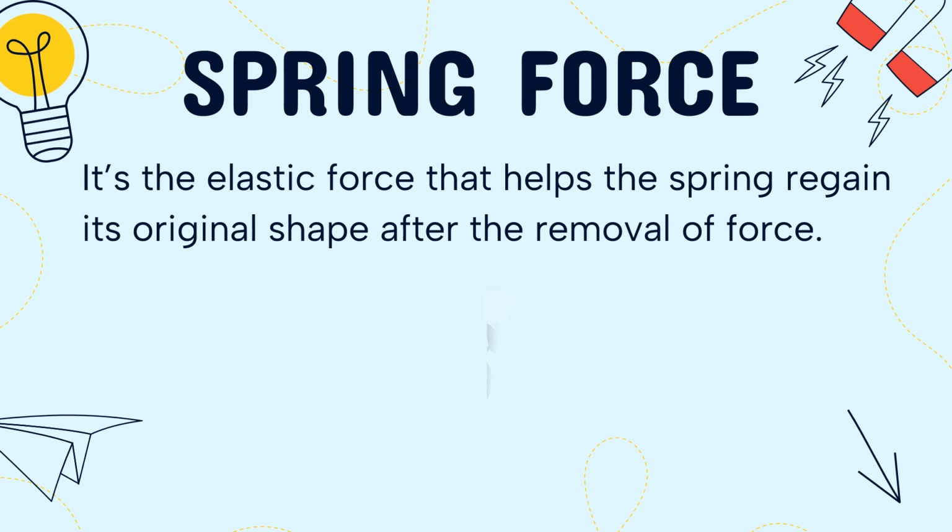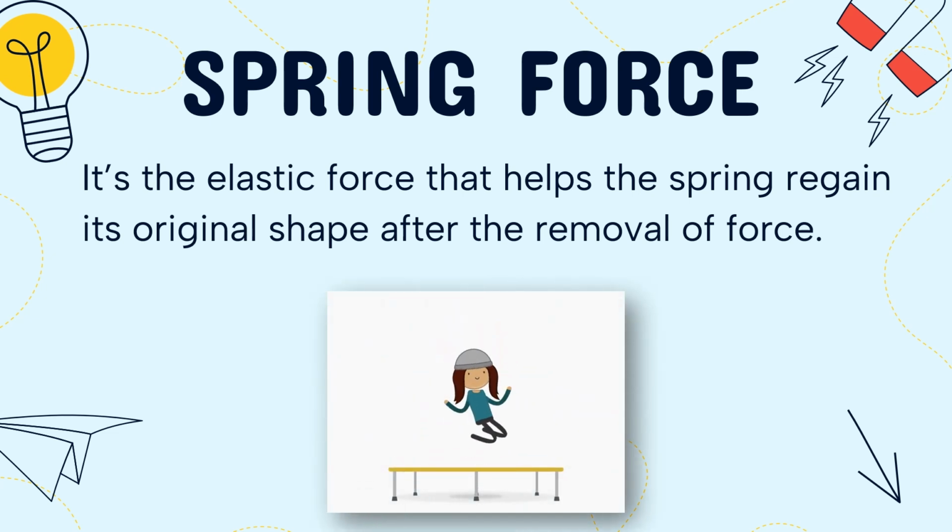Spring force. Spring force is the elastic force that helps the spring regain its original shape after the removal of the force. Can you see the figure there? I'll explain to you in detail.